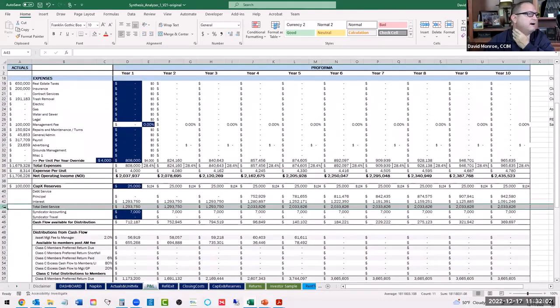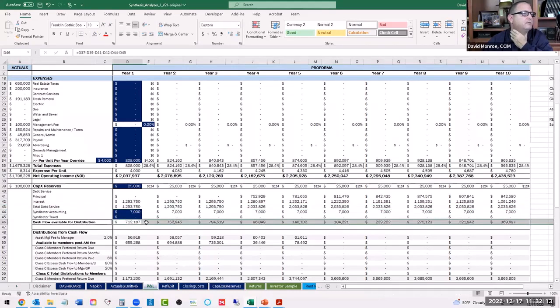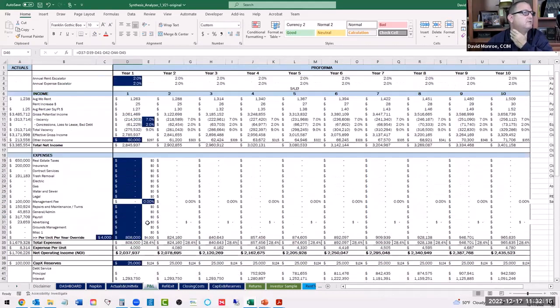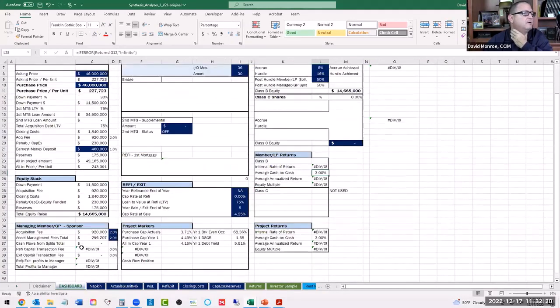All right, so we've got annual debt service of $1,293,750 for the first 3 years, and then amortizing after that. So that came out good. Cash flow available for distribution is 712. And we know that in the dashboard, our initial equity raise is 14,665, which is why there's only an average cash on cash. Well, that's average cash on cash over the whole period, not just in year one.